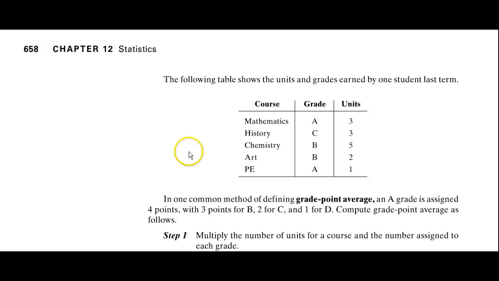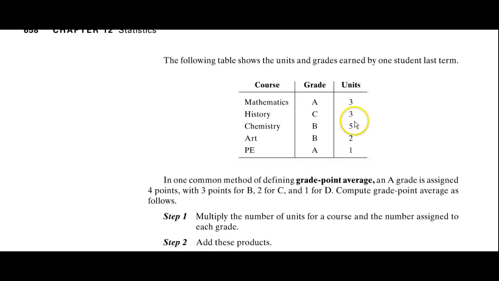Now, as we move into our next example, we're seeing another kind of mean, but this is what is called a weighted mean. So, for instance, here are some grades, and here are the number of units that were associated with the grade.